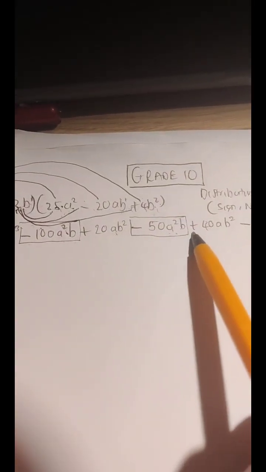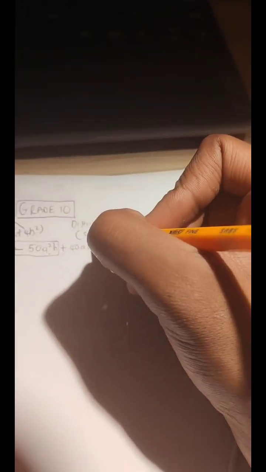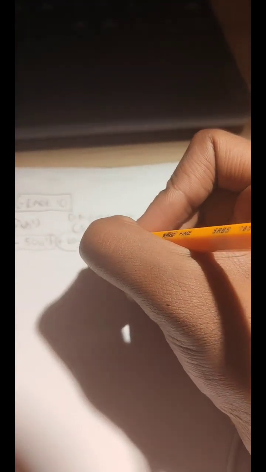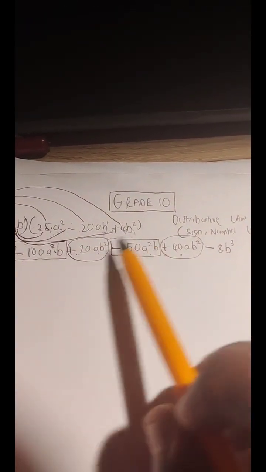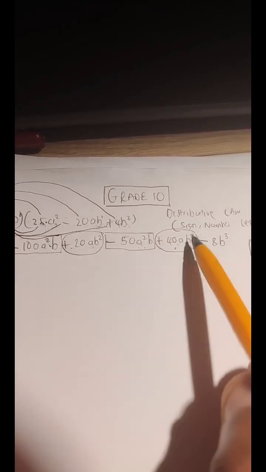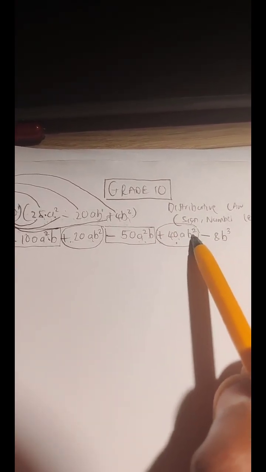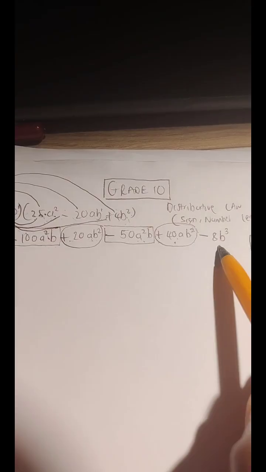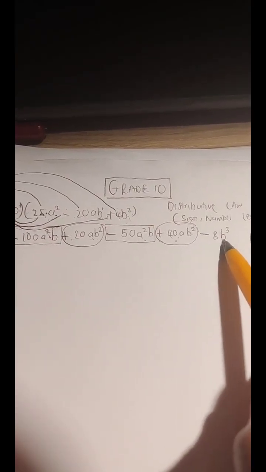Then plus 20ab squared is the same term as plus 40ab squared. These are like terms because they have a and a with the same exponent, and b squared and b squared with the same exponents. And lastly, the last term, negative 8b cubed.